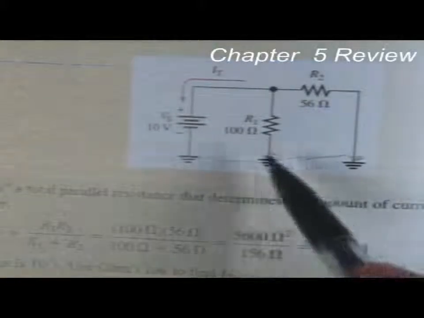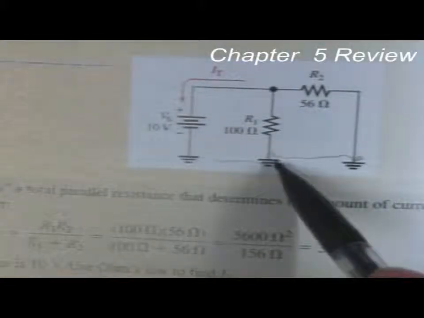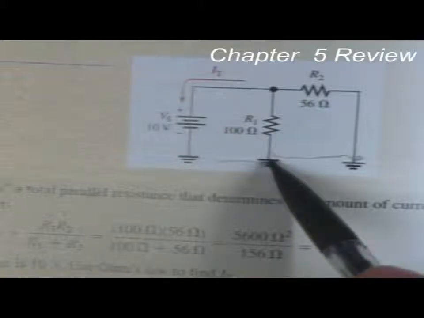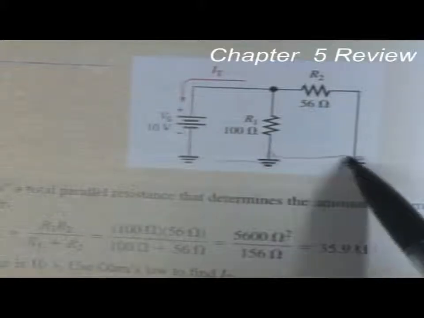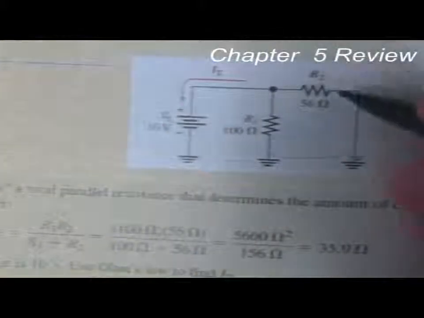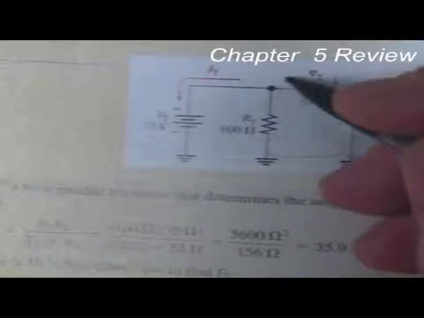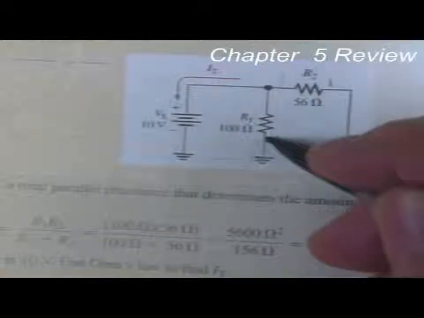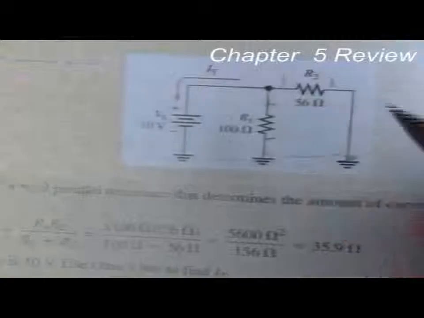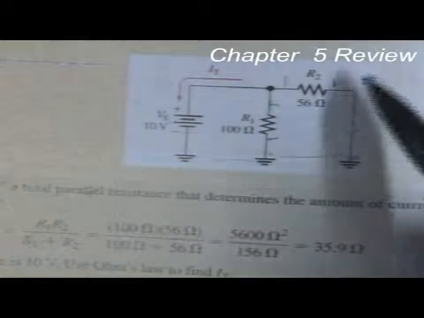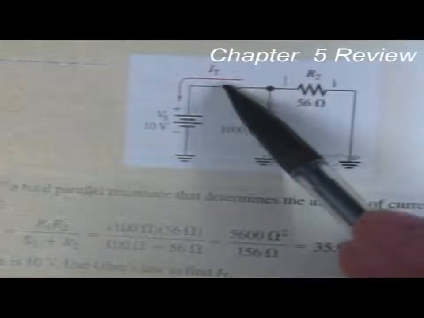Also, current will flow another direction. Current is going to flow through the ground once again, up through the resistor, dropping positive to negative, and this is negative to positive. And those two currents are going to join back together.